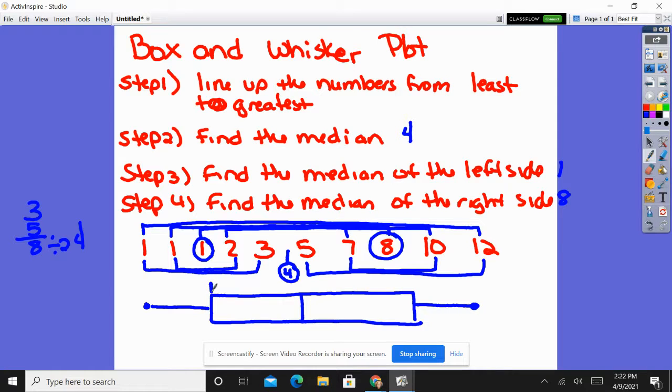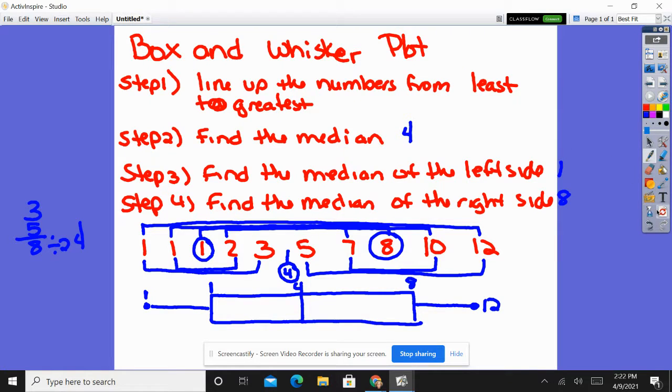He goes on a 1. He's on a 1 too. That's kind of interesting. Over here, he's an 8, he's a 12, and he's a 4. So these 2, when you put this on the number line, they would be together. There really wouldn't be a whisker. There'd be 3 whiskers right there. Okay? Is everybody with me?